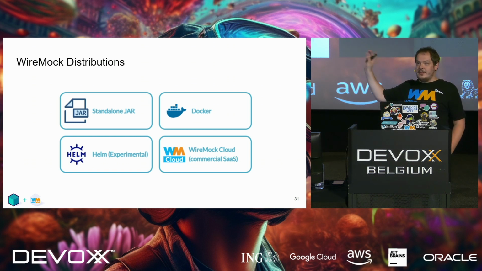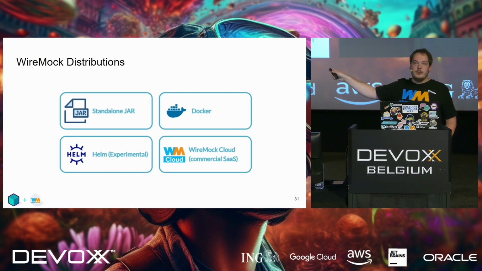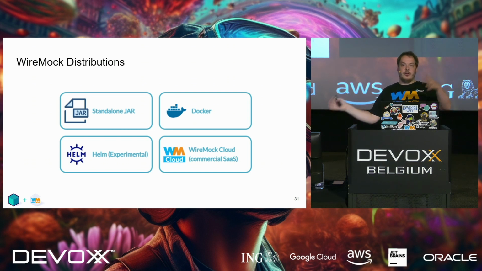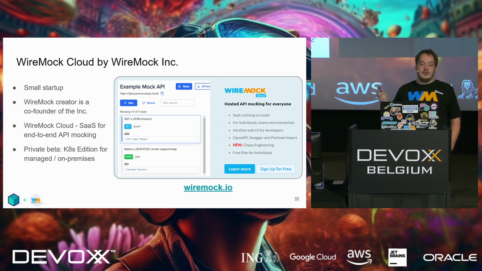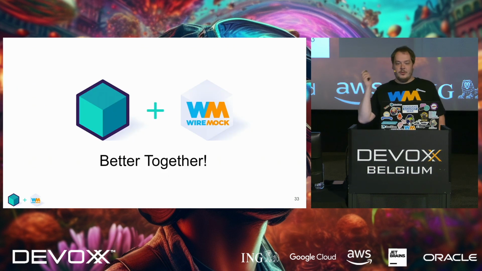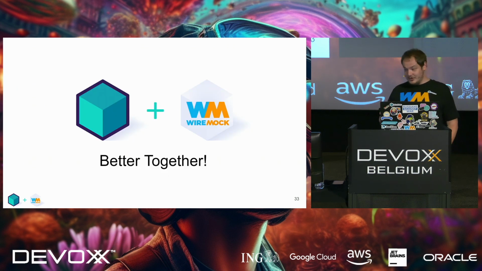Distributions, yeah, you can run standalone, you can include it in your projects, you can run standalone in the Docker image or in Helm for your Kubernetes. And there is also a SaaS solution, WireMock Cloud, which actually provides a fancy interface for everything. It also adds additional features like chaos engineering. So if you want to try it, come to the booth, and I will be happy to talk about it.